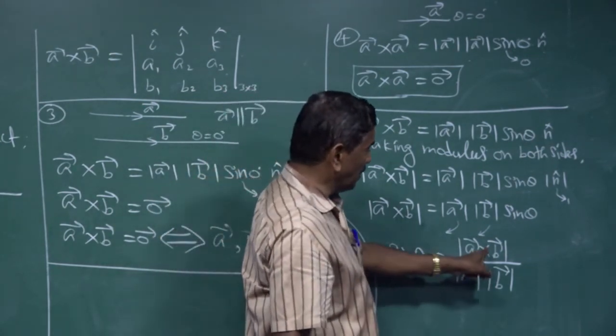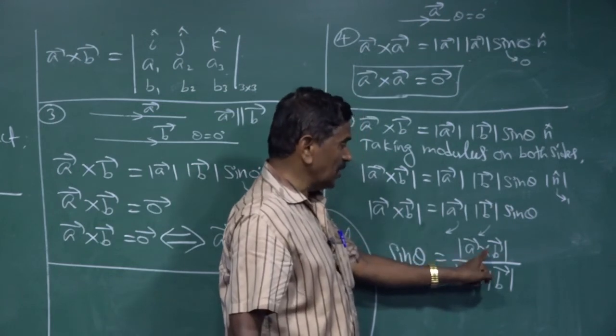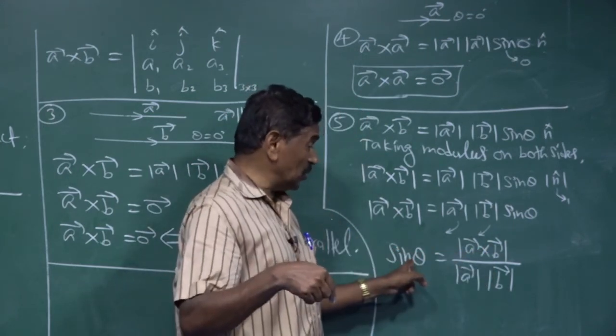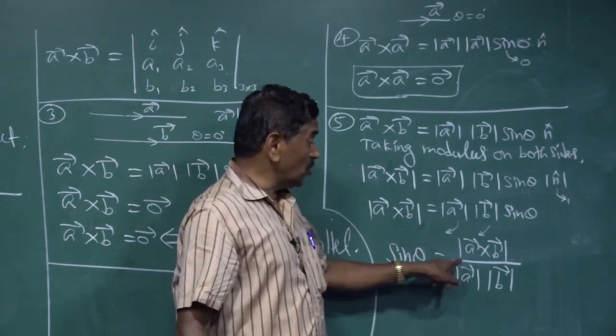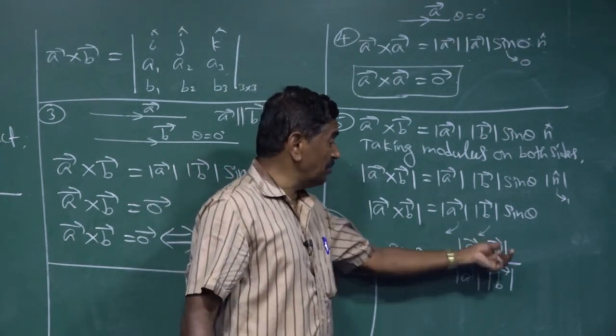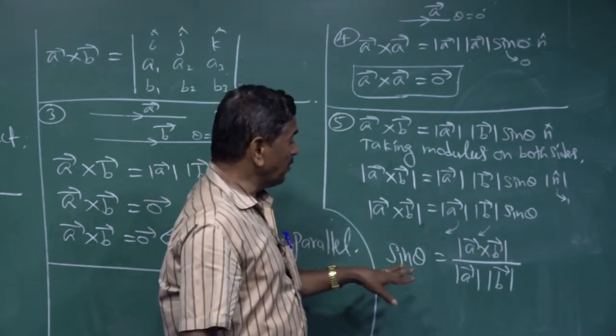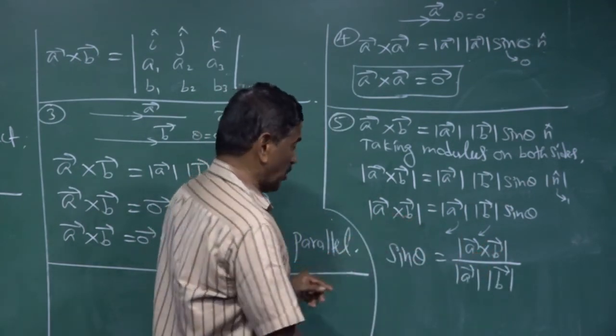That is very important. Here the middle relation is cross product, so using cross product to find the angle means I want to use the sine ratio. So sin theta is equal to modulus A vector cross B vector divided by modulus A vector into modulus B vector.